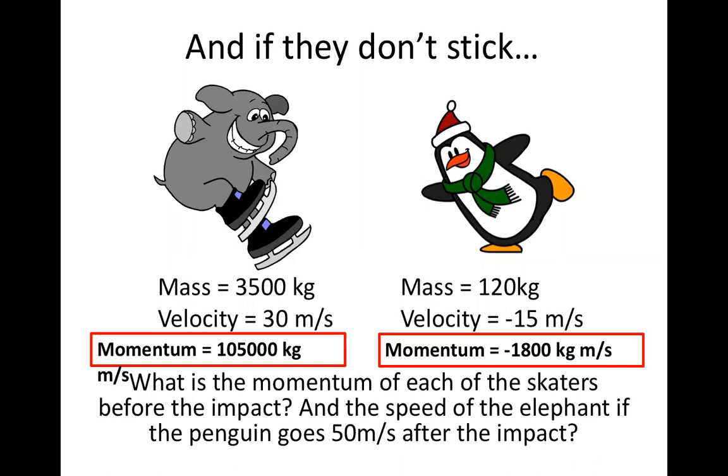Negative 20. Where are you getting 20 from? I don't know. After the impact, what is the speed of the elephant? Negative 15. No, I took the difference between the 30 and negative 15. Negative 20. The question says find out the speed of the elephant after the impact. That means we don't know the speed of the elephant yet.